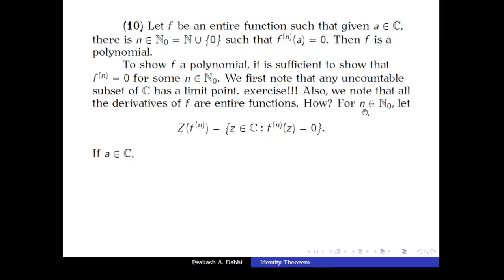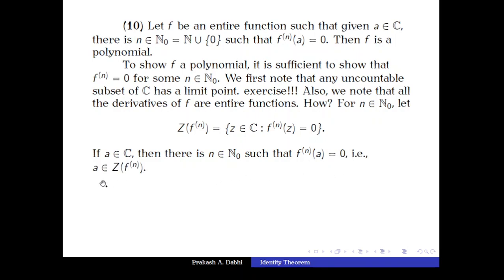So for n in N0, we take Z(f^(n)) to be all those z in C such that f^(n)(z) equals 0, meaning it is the set of zeros of the nth derivative of f. Now take any a in C. By hypothesis, there exists some n such that f^(n)(a) is 0.